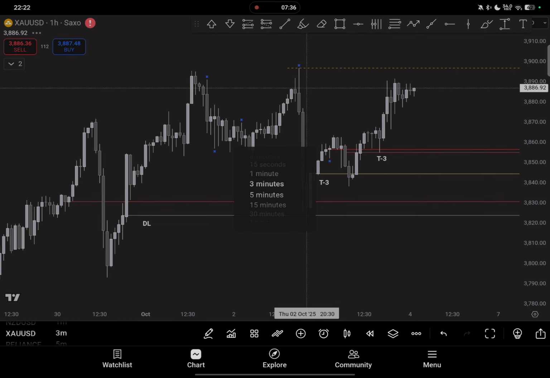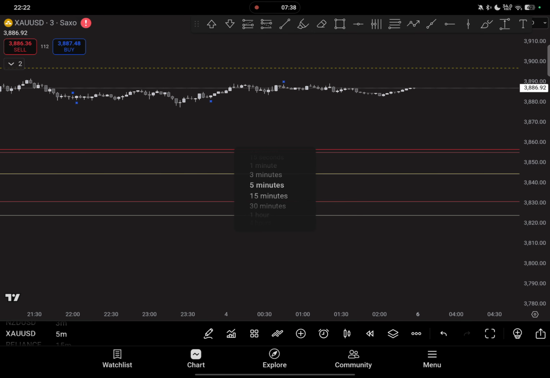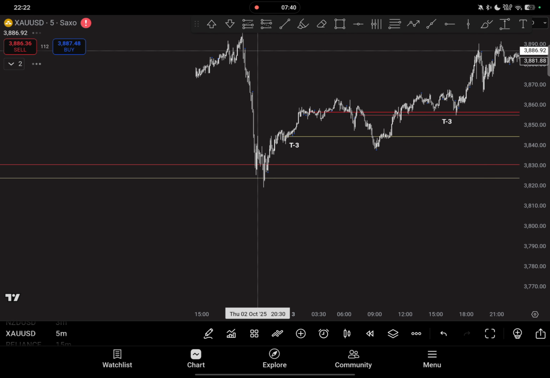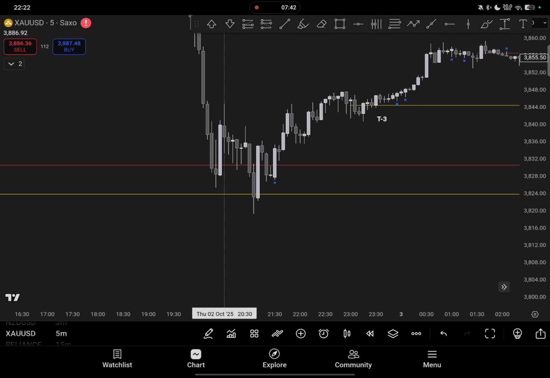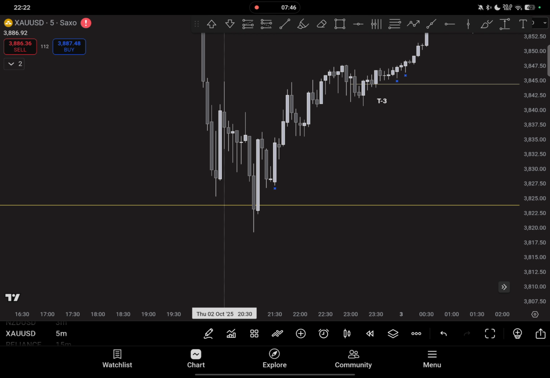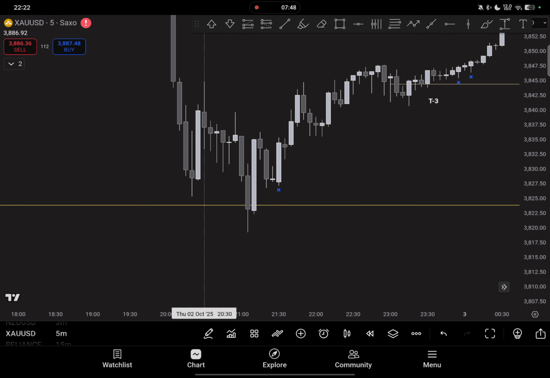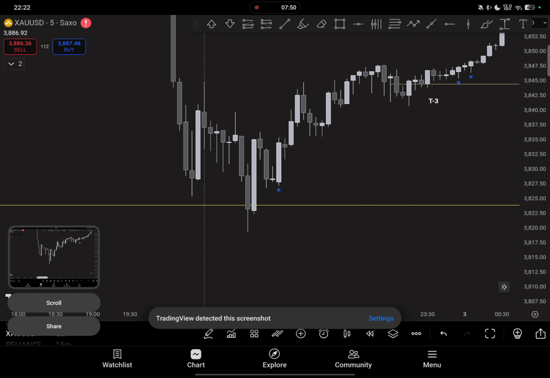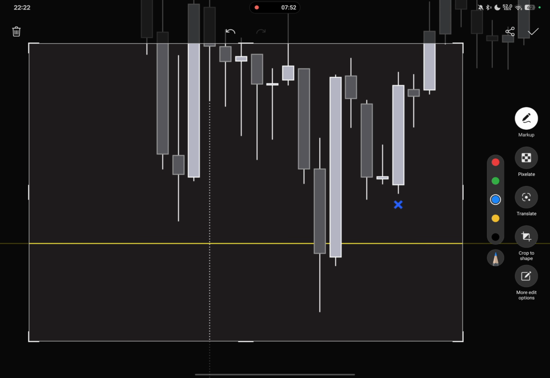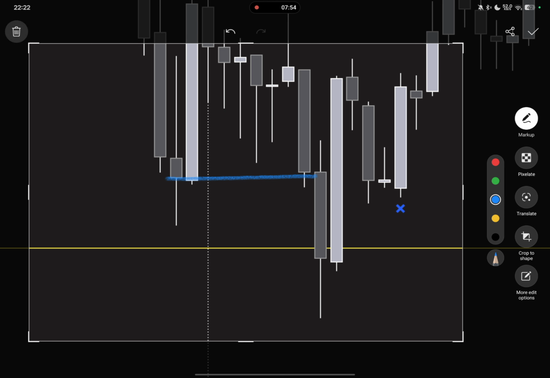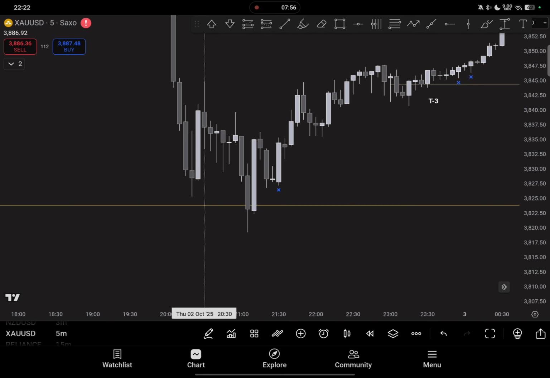So let's go look at M5. I believe price, so there are many things to check. All right, there is pip count and everything, so make sure to note that. So that's your T3 right here, that's the T3 that we will pick, and let's find T2.